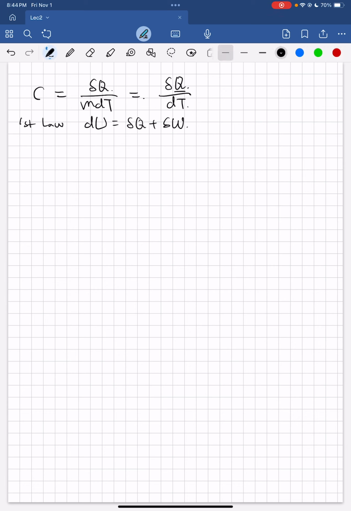So there's this system. We're going to give it heat, and the temperature is going to increase, obviously. But we do this as we maintain the volume of this system. So constant volume, which is an isovolumic process.